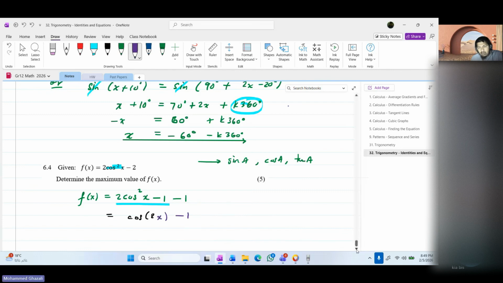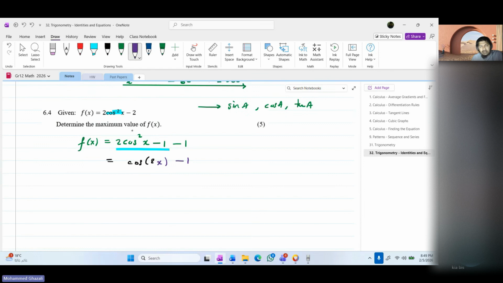minus 1. Now, if you think about graphs, cos 2x has a maximum value, which is just the number 1 in the front. It has a maximum value of 1, and the minimum value of cos 2x is negative 1. So if you want to find the maximum value, remember this is a shifted graph. You moved it 1 unit down.